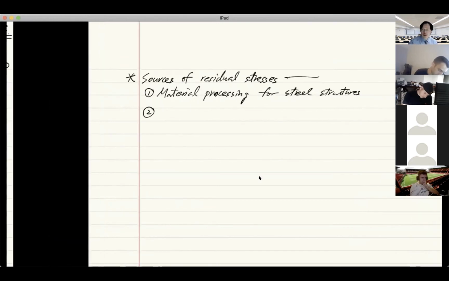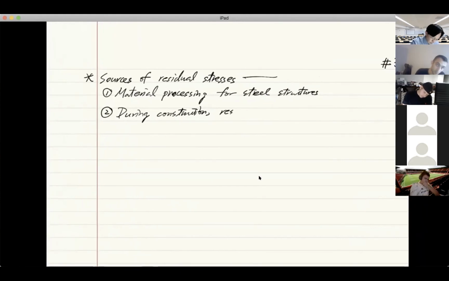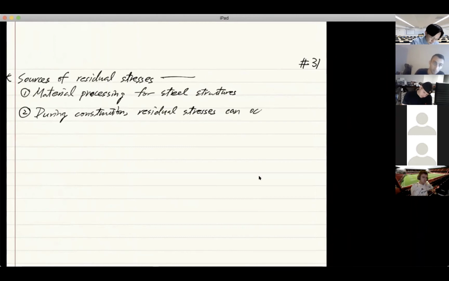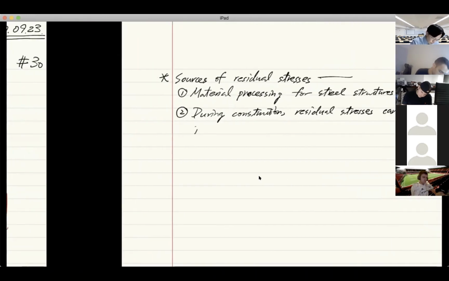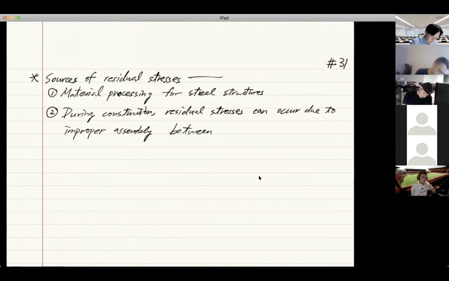Another major source of residual stress is during manufacturing or during construction, due to improper assembly between members.